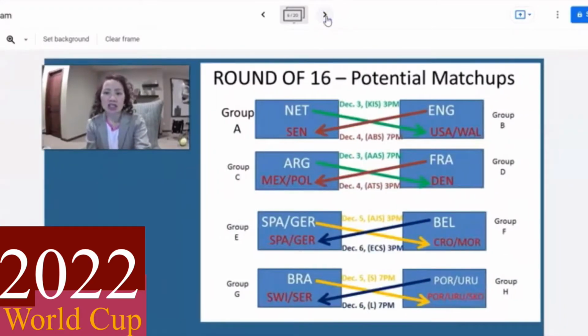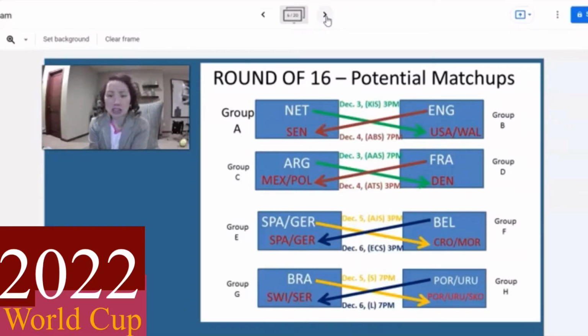And let's look at the potential matchups for the round of 16. As we mentioned, most likely Netherlands will win Group A and England Group B. So England will most likely meet Senegal, and Netherlands will most likely meet USA or Wales.